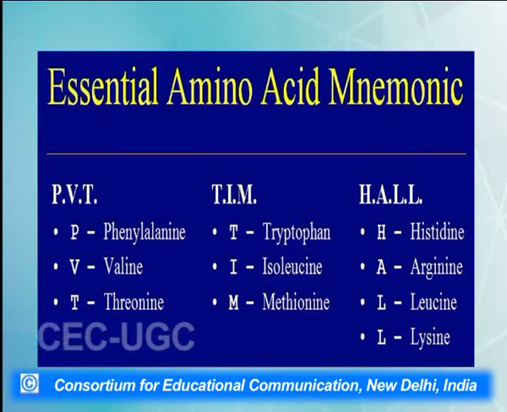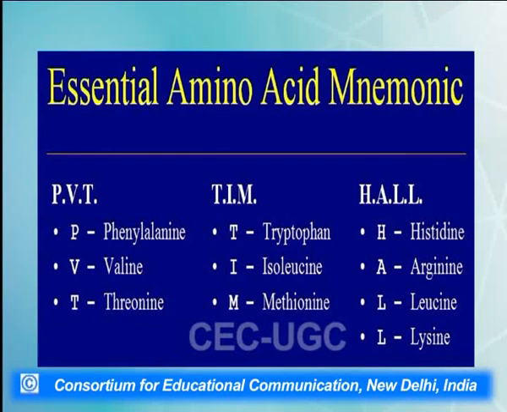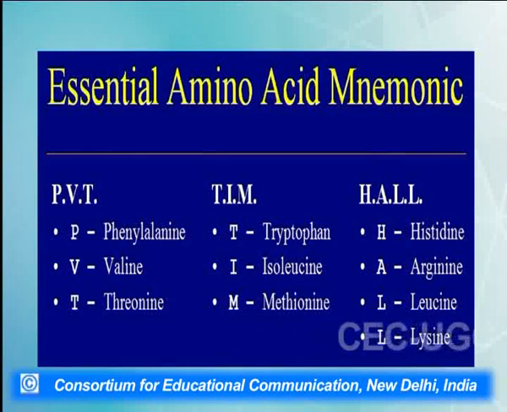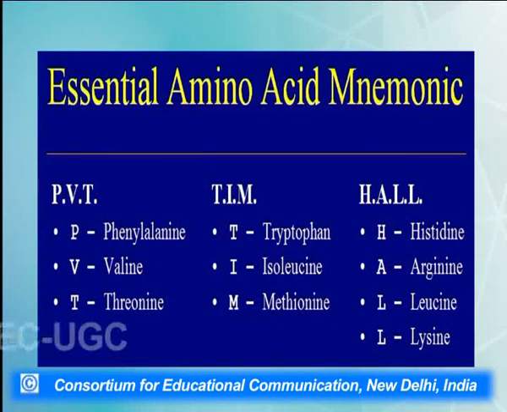Now again, as I've done the mnemonics for the acidic amino acids and basic amino acids, I would also like to do the mnemonic for the essential amino acids. So we have PVT TIM HALL. In PVT, each letter indicates an amino acid.